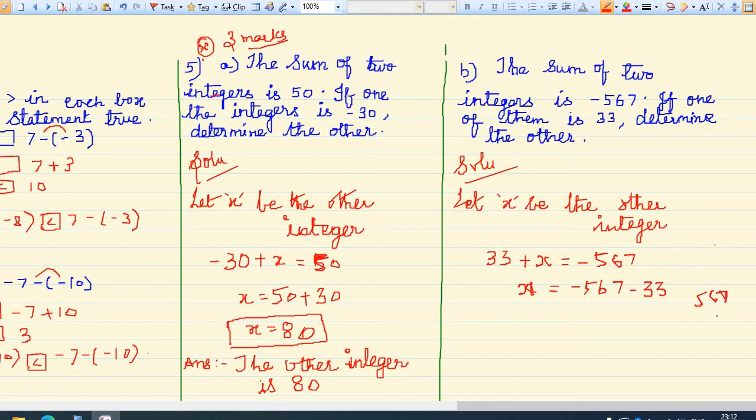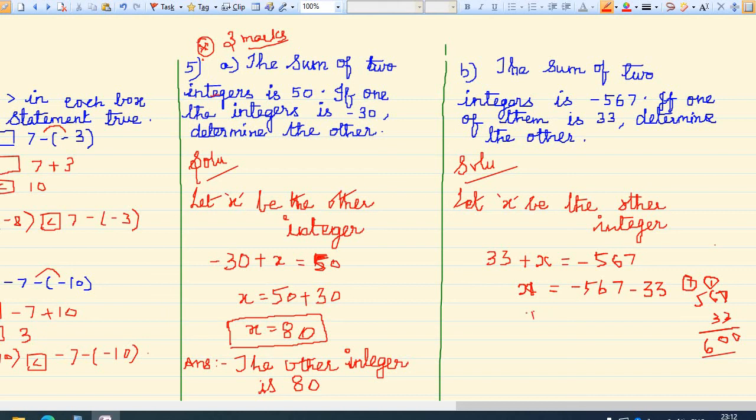Both are what? Same. So I am going to add that. 0, 1 carry over, again 0, that is what? 6 plus 1 7, 7 plus 3 is what? 10. So 1 carry over, again what it becomes? 600.